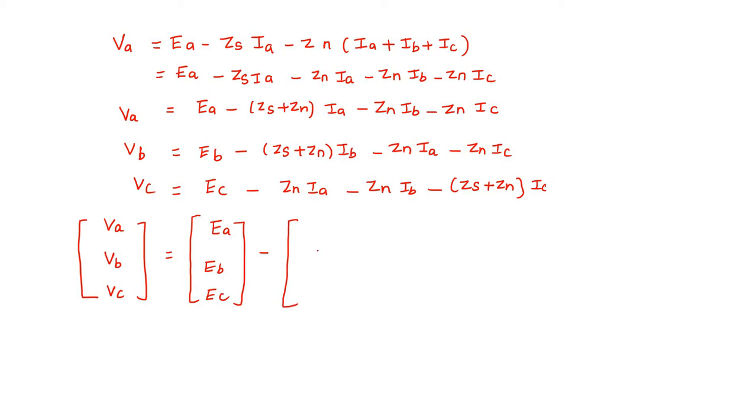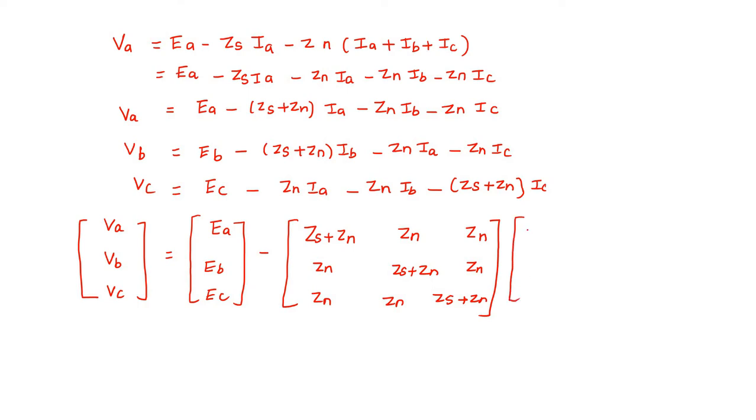First I write the coefficient of IA, that is Zs plus Zn, then the coefficient of IB, Zn, and the coefficient of IC, also Zn. In a similar manner, here Zn, Zs plus Zn, Zn. Then Zn, Zn, Zs plus Zn. Then the column of Ia, Ib and Ic.